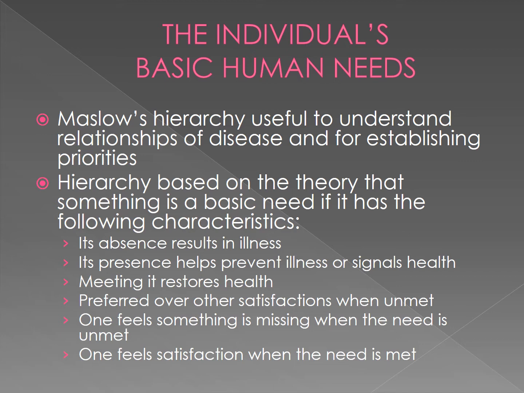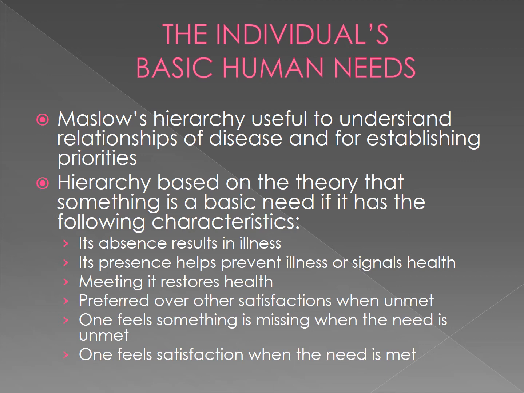Maslow's hierarchy is useful to help us understand relationships of disease and for establishing priorities on what we should do as nurses, both first, second, and third. So the hierarchy is based on the theory that something is a basic need if it has the following characteristics. Its absence results in an illness. So if we don't have it, it's going to cause illness in the patient. Its presence helps prevent illness or signals health.